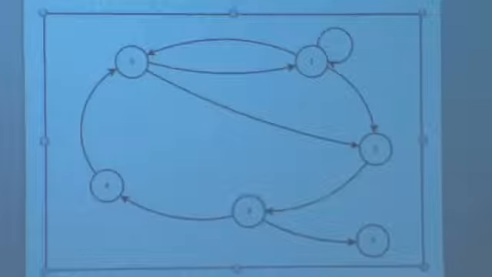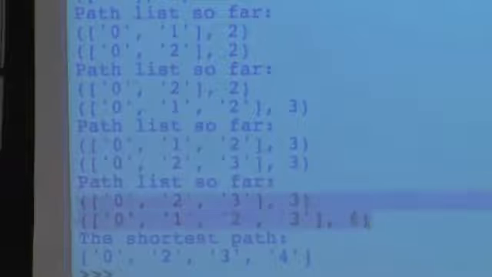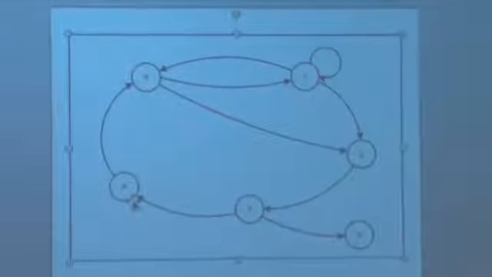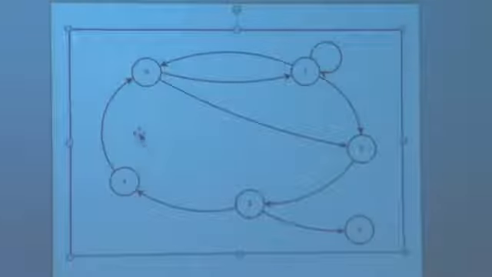Then it's going to expand this partial path, the 0, 2, because it's the shortest one, and it's going to add that new partial path to the end. And then it's going to expand this one and add the expansion here, and then expand this one, and it turns out that one of the children of 3 is 4. So it's found the shortest path from 0 to 4.